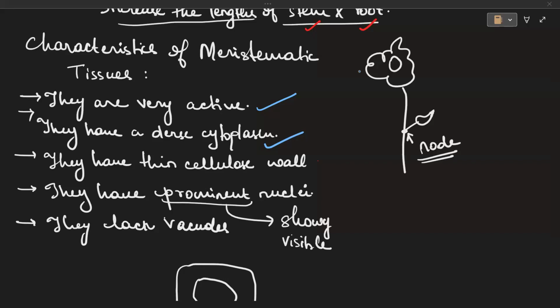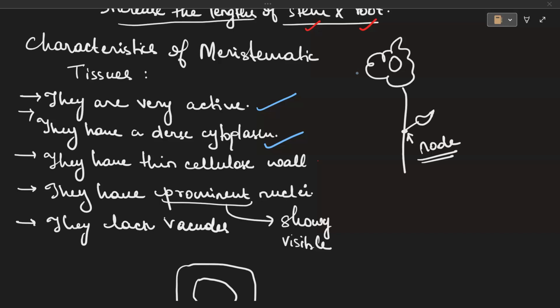Yes, very good. Now, the cytoplasm is the arena of all the activities that occur in the cell. So the cytoplasm of the meristematic tissues is a very dense cytoplasm.